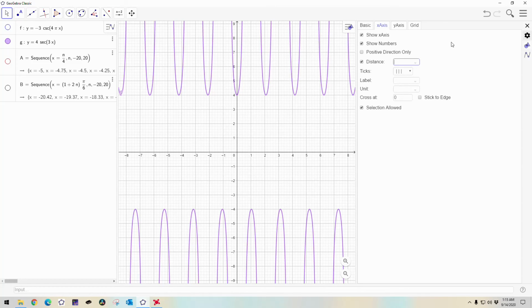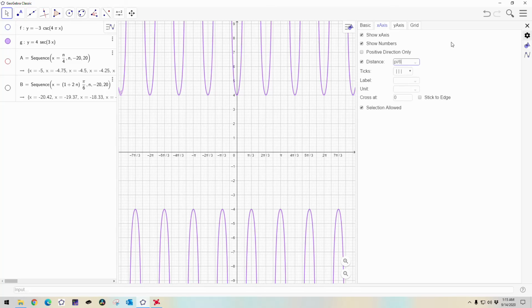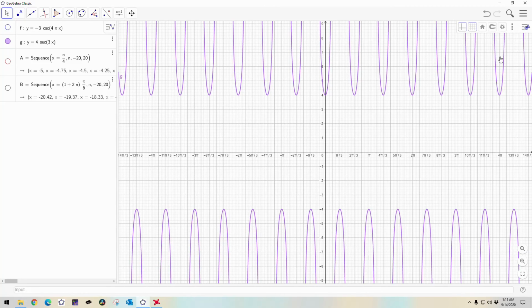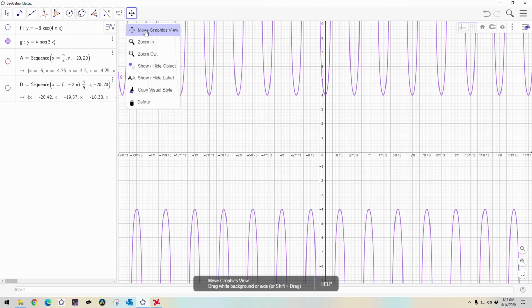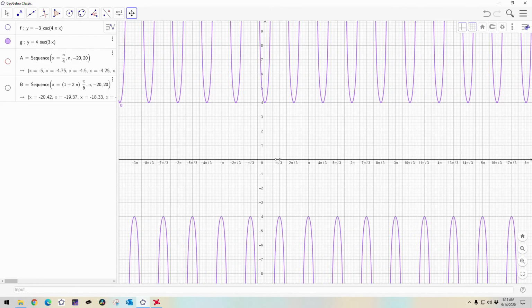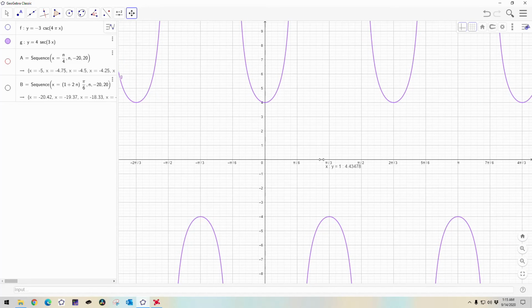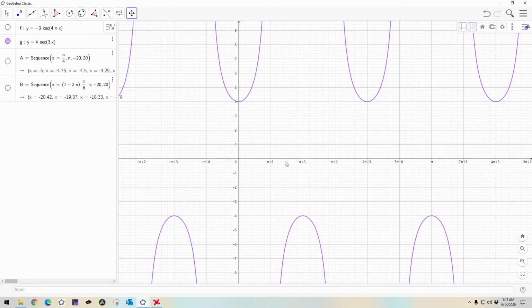So I'm going to start numbering these as pi over 6s so that I can take a closer look and actually get a smaller number of cycles here. Let's move this here and stretch this out. Alright, so again, by counting by pi over 6s, you can see all of the important places.